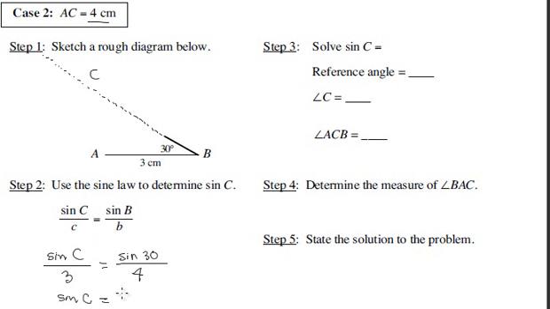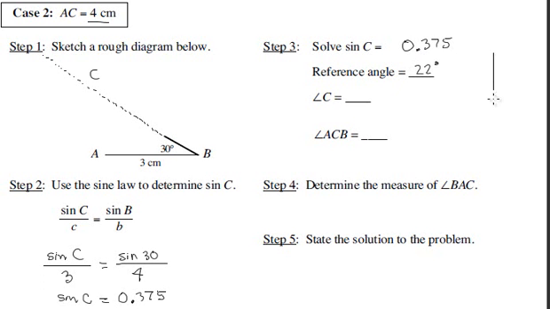So from that I get sine C is 0.375. Just going to run that again. Yeah, good. Okay. So sine C is 0.375. If you do the inverse sine of that amount, or arc sine, you get a reference angle of 22 degrees.